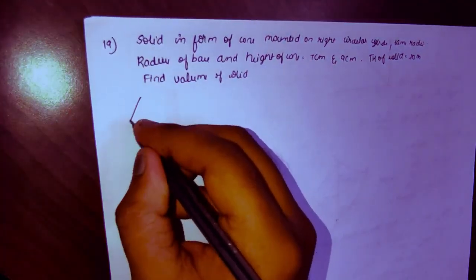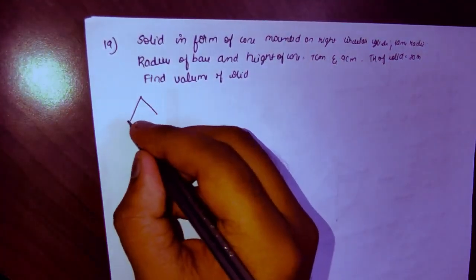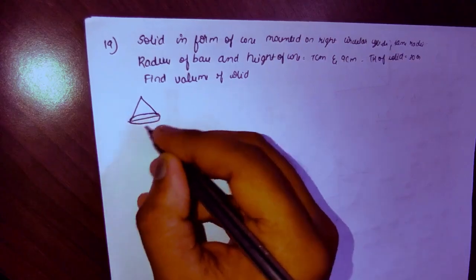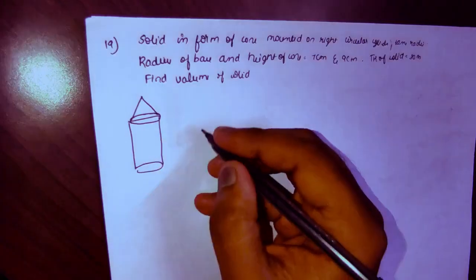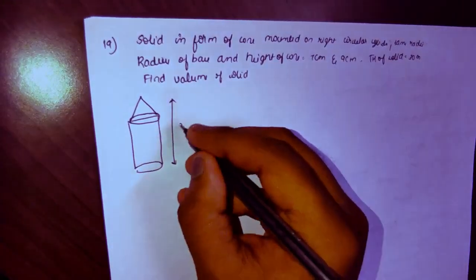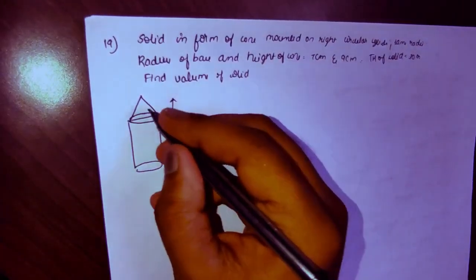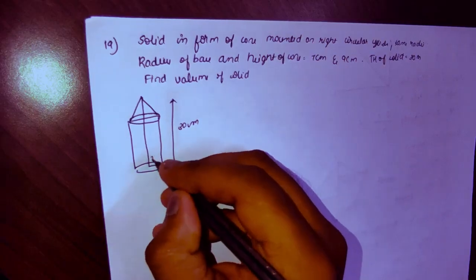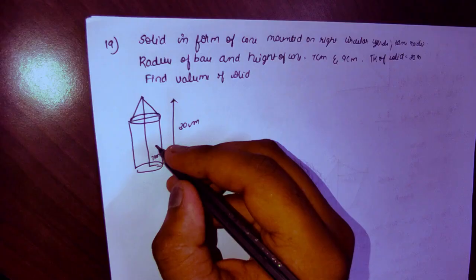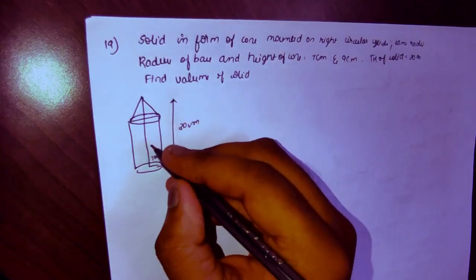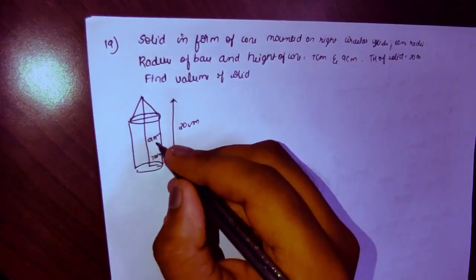We will draw a rough sketch. The total height is given, that is 30 cm. This is the given radius of the base, that is 7 cm, and the height of the cone is 9 cm.